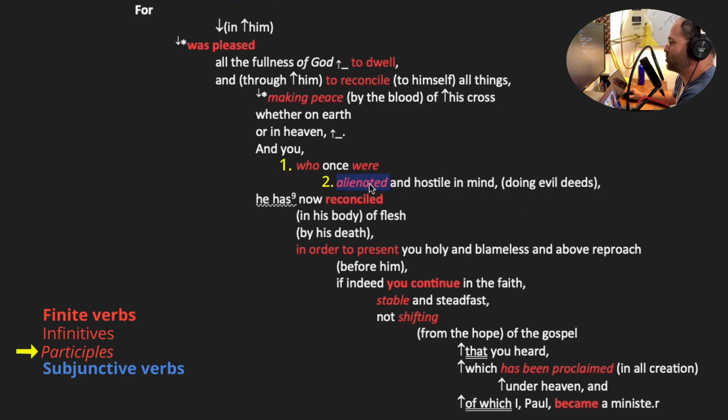Being, you see, that's why it's italicized here. It's a verbal idea, but it's not the main verb. It's a participle idea. You who are once being alienated, he has now reconciled.